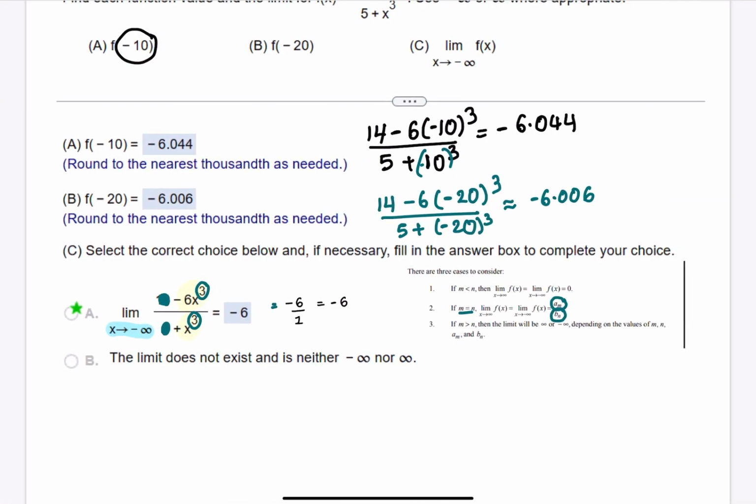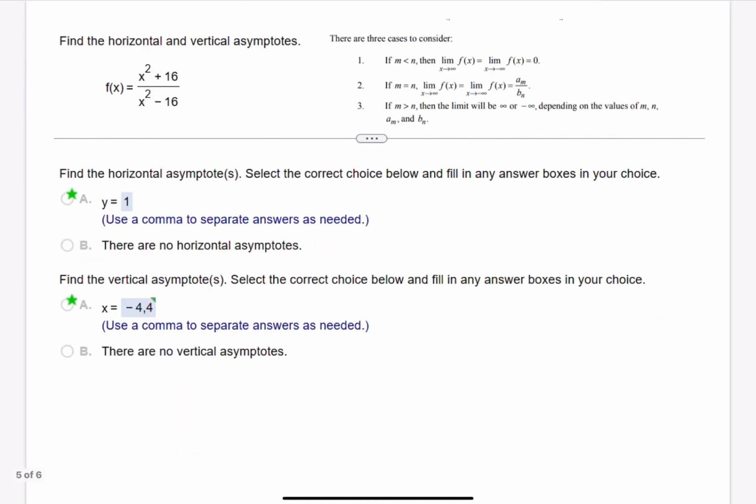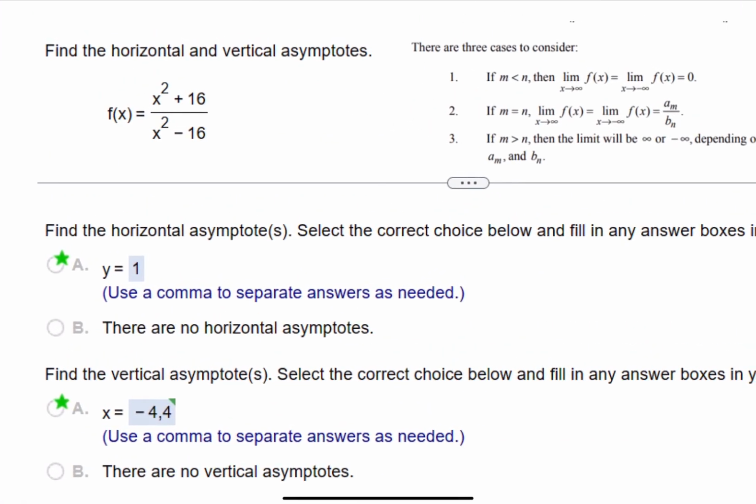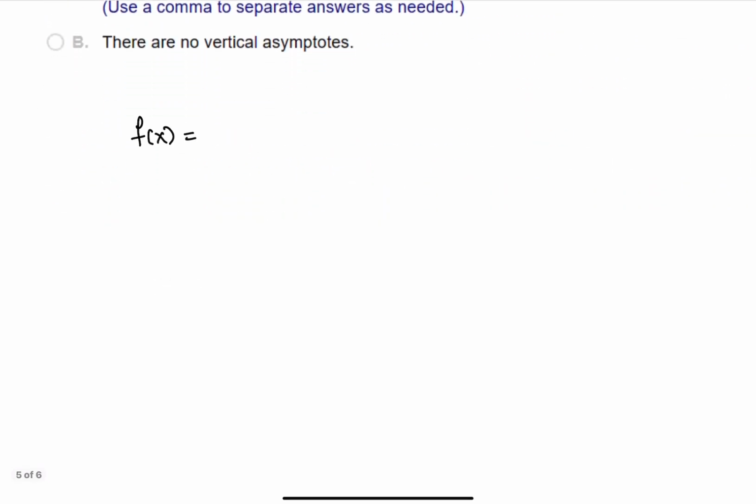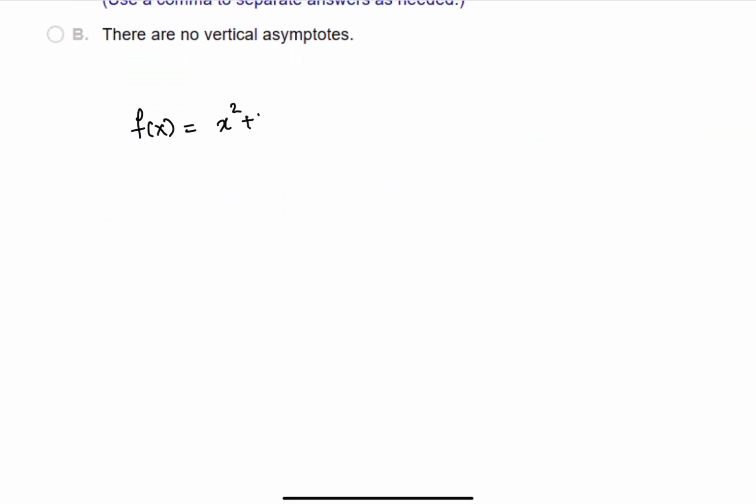Let's go ahead and take a look at the next problem. Here I have: find the horizontal and vertical asymptote. So let me go ahead and write this down all the way at the bottom here. My function f of x is equal to x squared plus 16 over x squared minus 16.